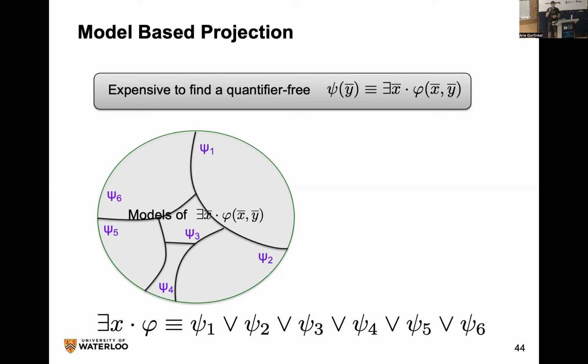And I know that I already have a model. So I have a model M that proves that I have a predecessor. So it lives inside one of those disjuncts in the DNF. And my goal is now just to find, say, psi1 in this case. Right? And you immediately can see here that whenever we do this, it's going to be a finite process. So I compute one predecessor, I get one model.